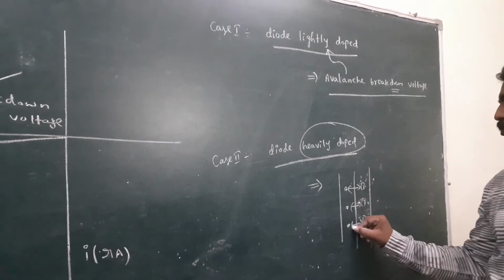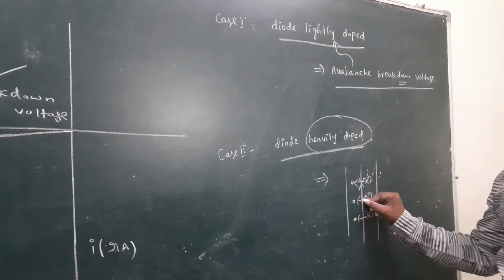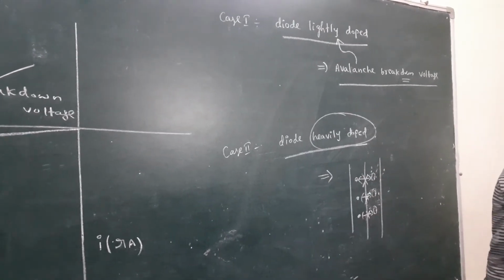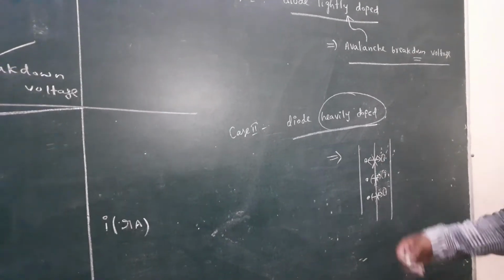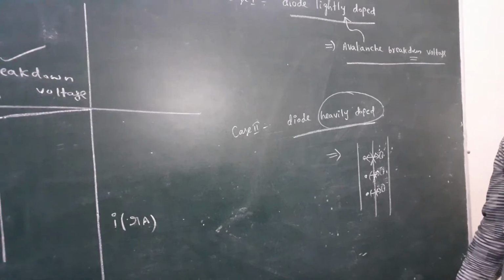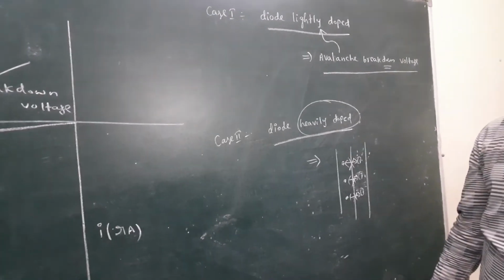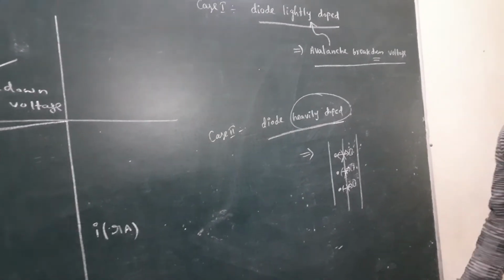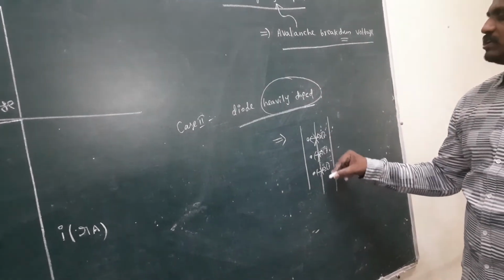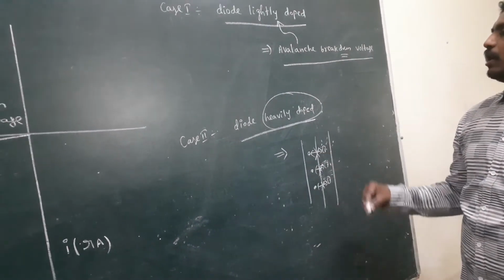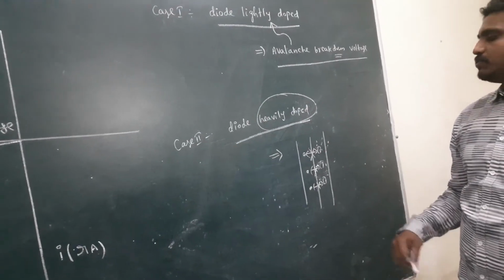Because of high applied voltage, these bonds break, automatically more charge carriers are released, automatically more current is produced at a particular voltage. That particular voltage is called the Zener breakdown voltage. The diode is heavily doped, the covalent bonds of the depletion region break, and automatically more charge is produced.